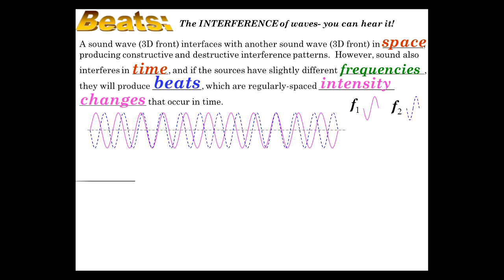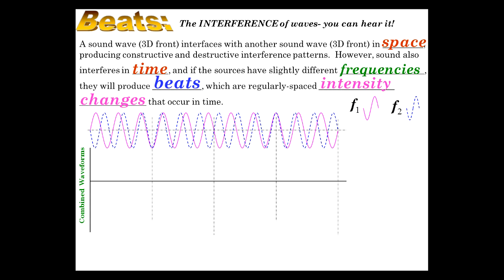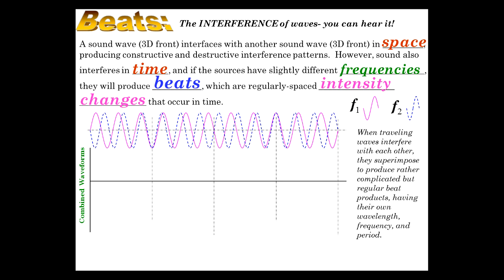So here are two sounds, one of frequency 1 and one of frequency 2, overlaid on each other. Now these are traveling waves, and when traveling waves interfere, we know they superimpose. If they're the same frequency, and therefore the same wavelength, they make standing waves. But what if they're a little bit different?